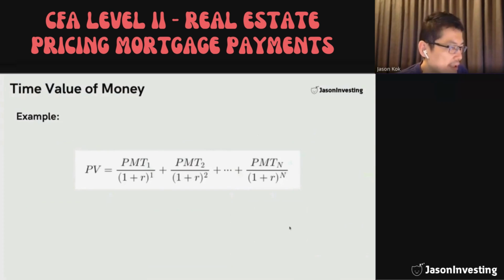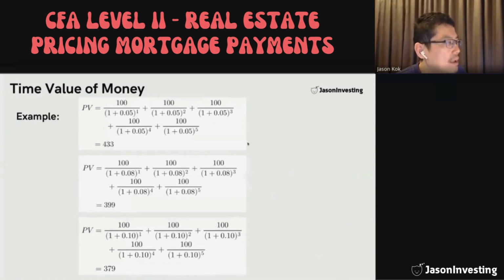So now let's come up with a more complicated investment product. So let's say rather than I pay you $100 in 5 years' time, what if I pay, say, $100 every year for 5 continuous years?